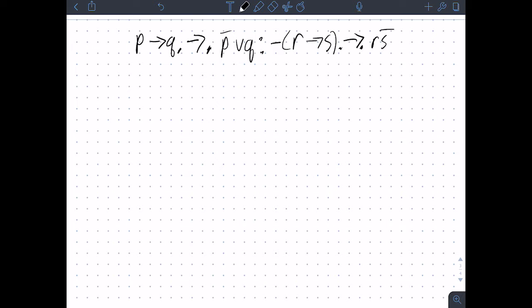So as an example of how this can shorten truth value analysis, consider the schema: if P then Q, therefore not P or Q, and not if R then S, therefore R and not S.